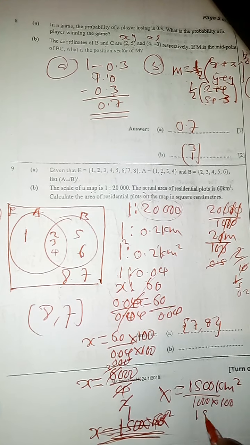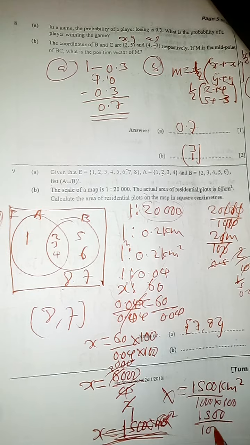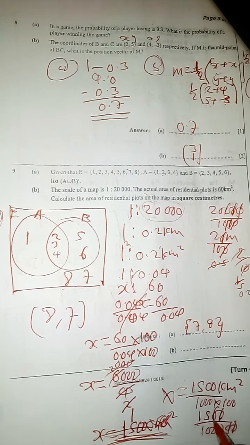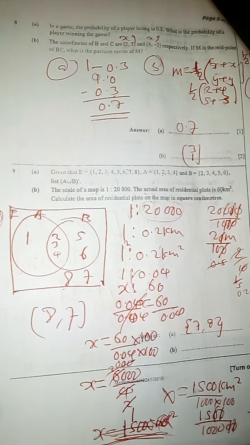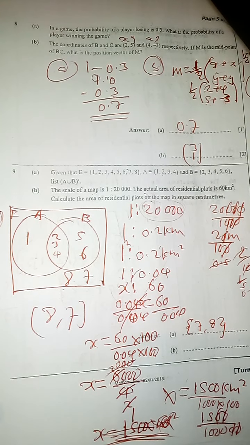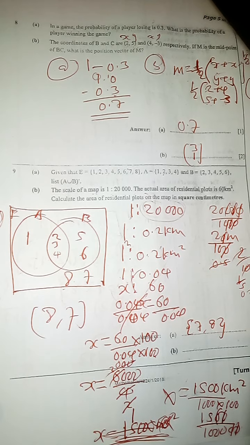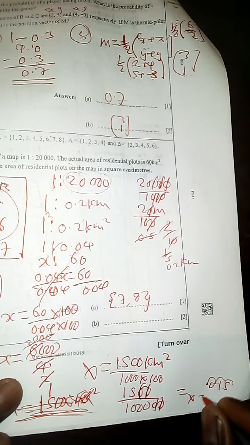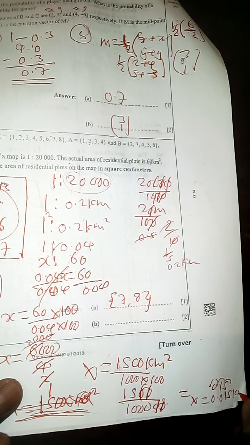So we have 1500 divided by 1000 and another 100, so that is 100000 with 5 zeros. Now we say it is equal to 15, how many decimal places? 1, 2, 3, so the point is here, which means our final answer will be X is equal to 0.015 kilometer squared.